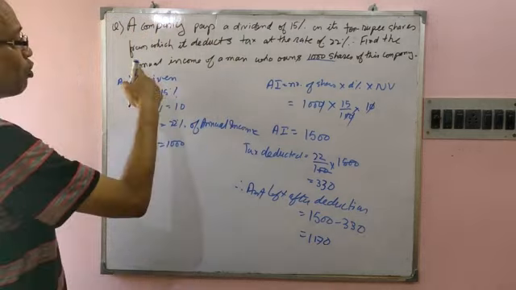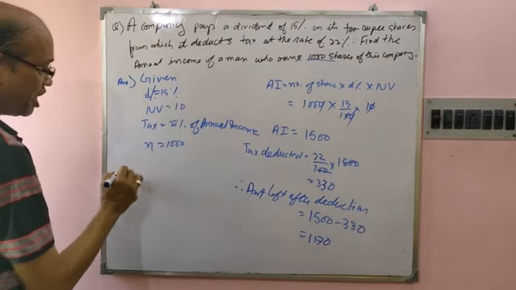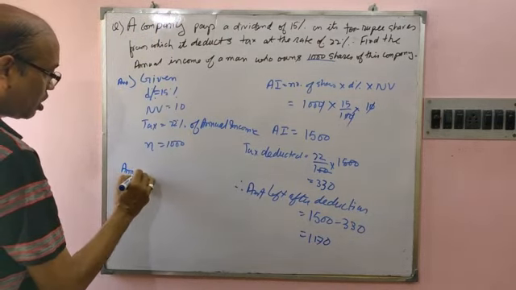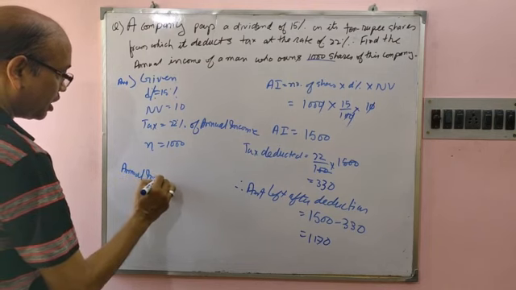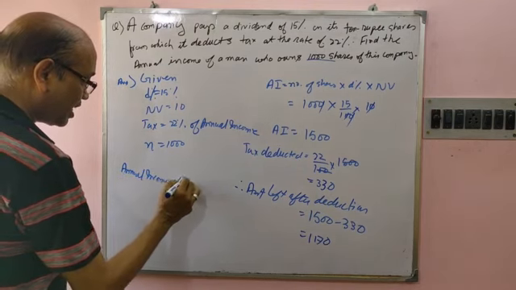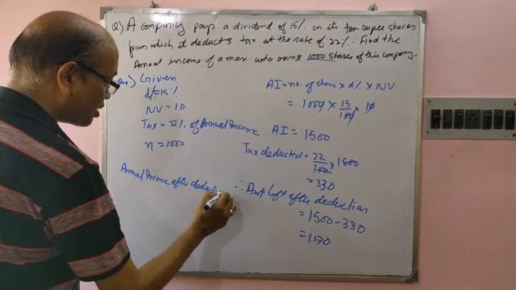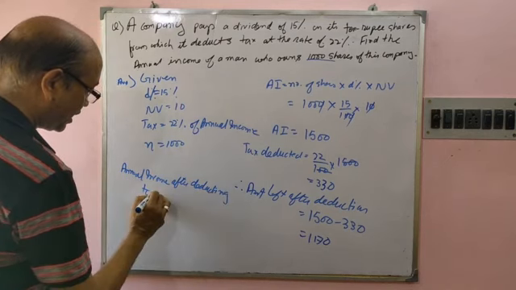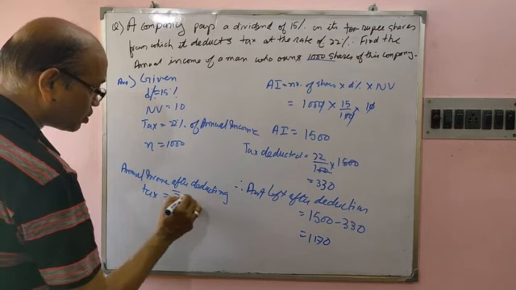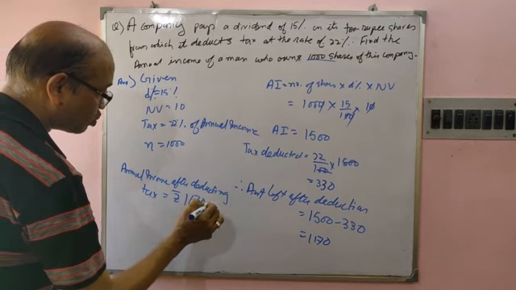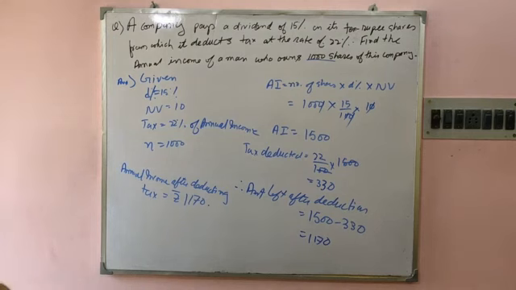Therefore, his annual income after deducting tax is equal to rupees 1170. Clear?